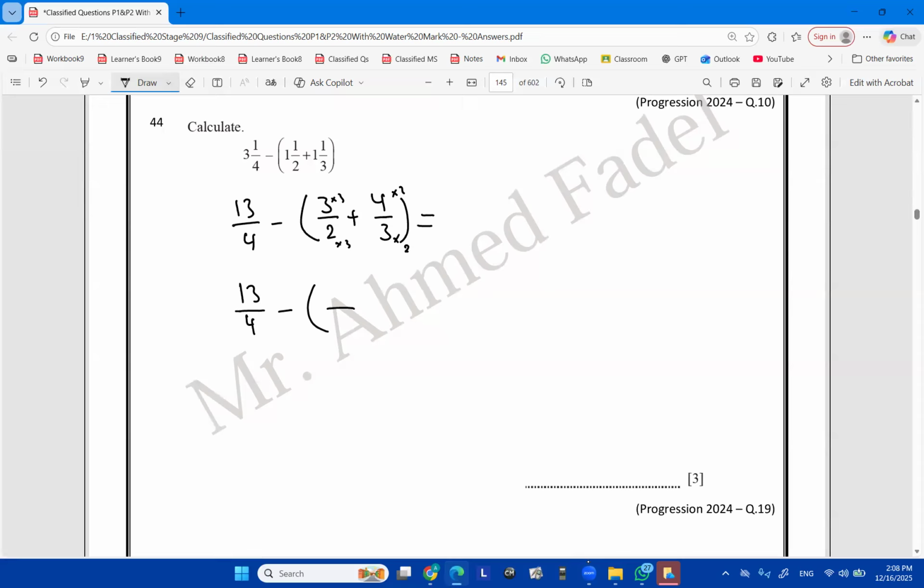What is it going to be? It is going to become here 9 over 6 plus 8 over 6, equals 13 over 4 minus 17 over 6. In order to subtract this, I must make the denominators the same.